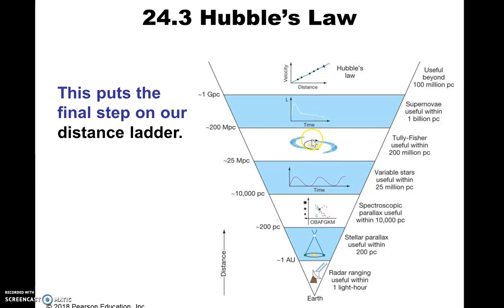But of course, we have galaxies that are closer. In fact, the closest spiral galaxy to the Milky Way is the Andromeda galaxy, and we can measure the distance to it, which is in fact what Hubble originally did, using Cepheid variable stars.